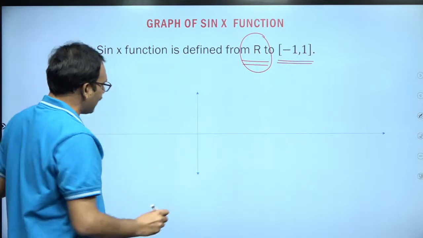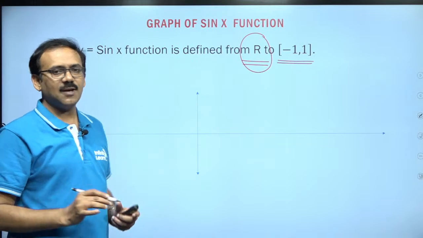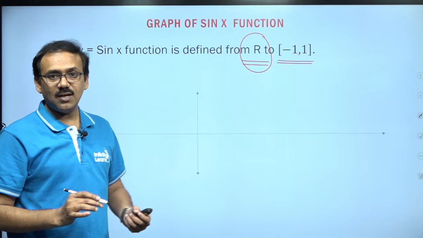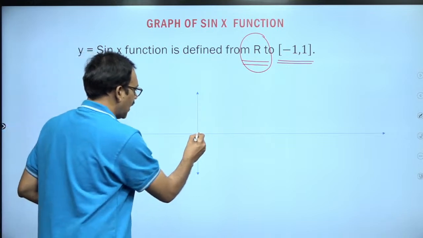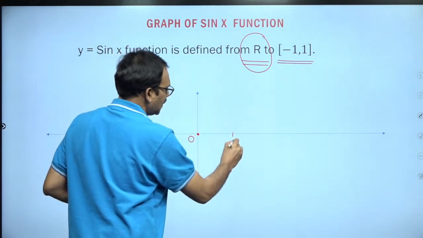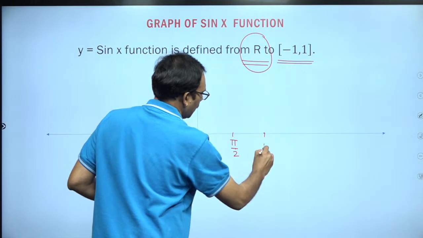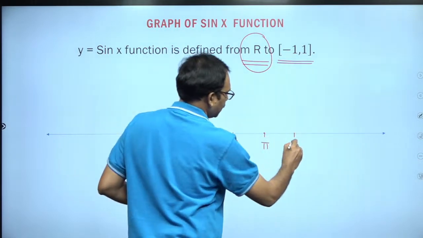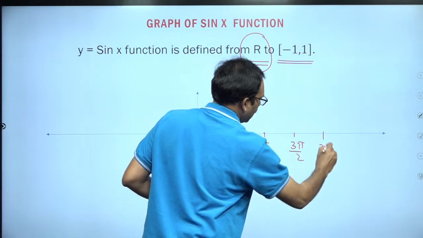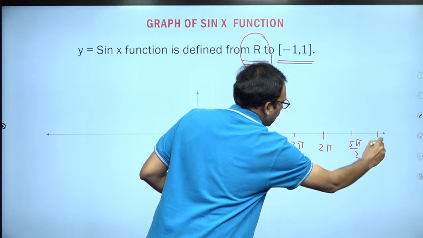Okay, so I have taken the x axis here, the y axis here, this is the first step. Now the numbers on the x axis, better you take in terms of radians. I choose this number to be 0, and the significant numbers I am taking are pi by 2, pi, then 3 pi by 2, 2 pi, then 5 pi by 2, say 3 pi.